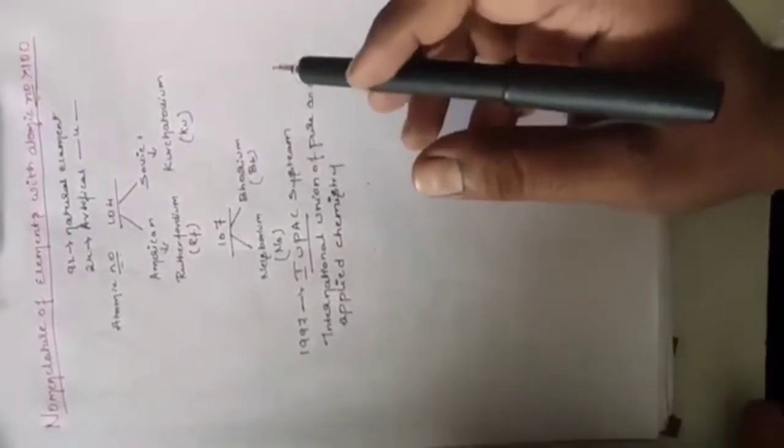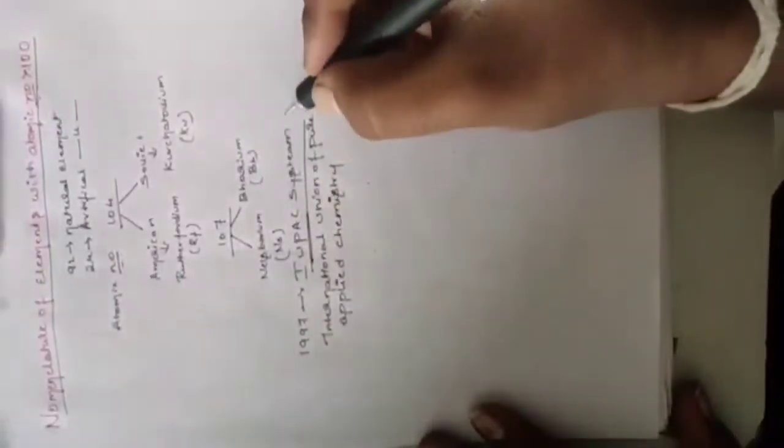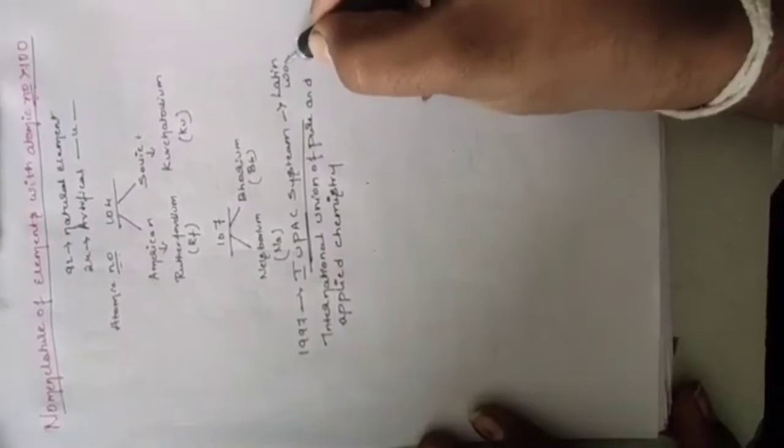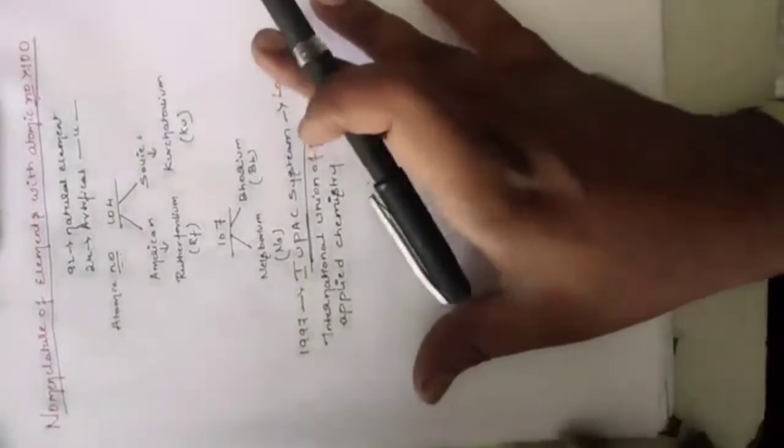The system tells that all the elements must be named using Latin words. This overall system does not take the Americans' or Soviets' names or any others'. Like that, they made one rule.